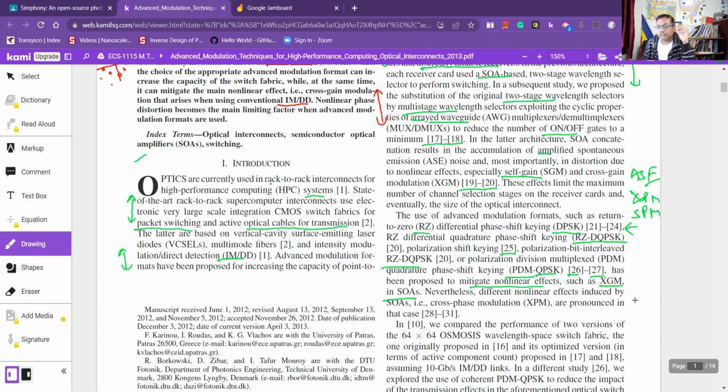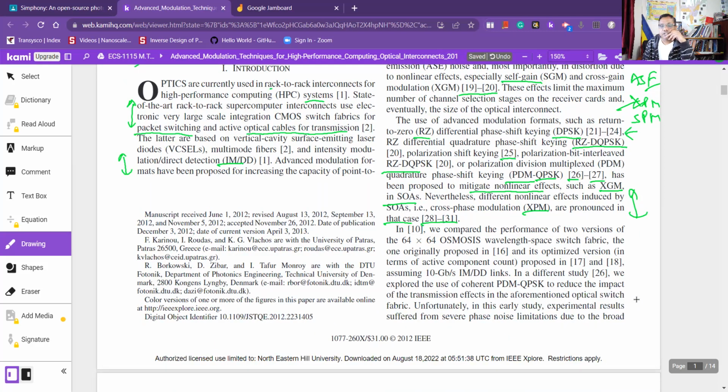Nevertheless, different non-linear effects induced by semiconductor optical amplifier, cross-phase modulation, are pronounced in that case. Whatever we are doing, still this cross-phase modulation which I was talking about is still more. Now in reference number 10, we compared the performance of two versions of 64 cross 64 wavelength space switch fabric.